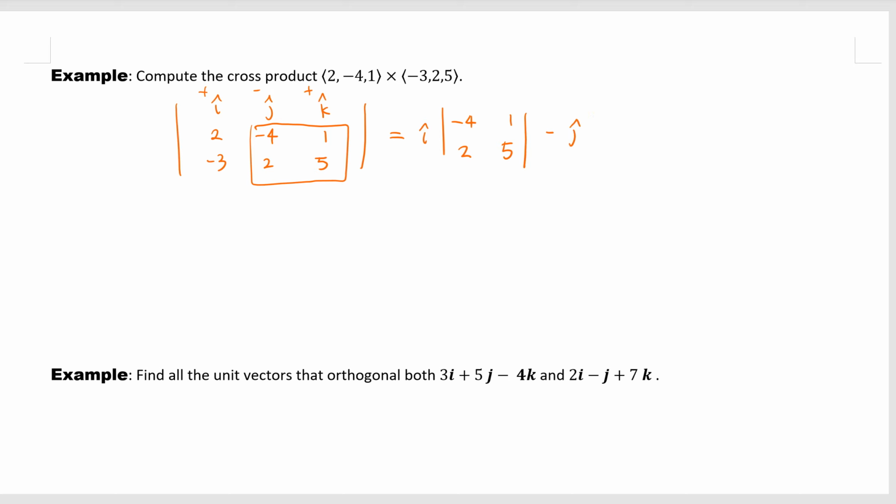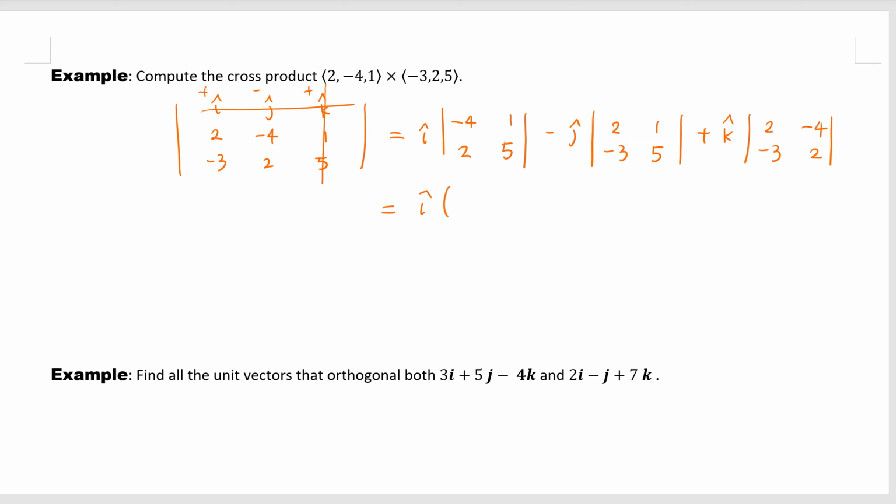Then minus j, we have the submatrix by deleting the first row and the second column: 2, negative 3, 1, 5. And then for k, we delete the first row and the last column, so we have plus k times the determinant of 2, minus 3, minus 4, and 2.